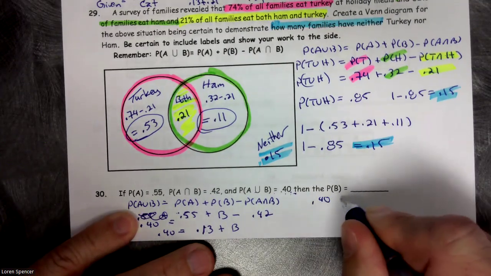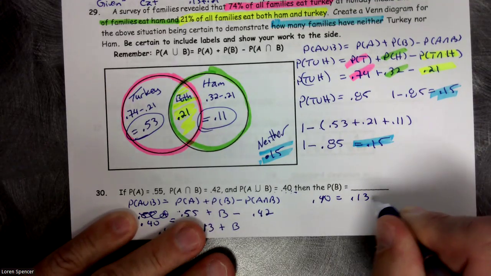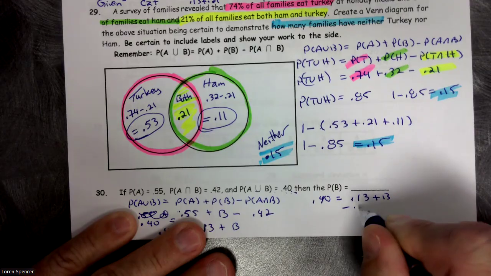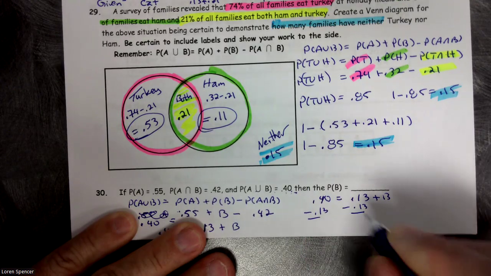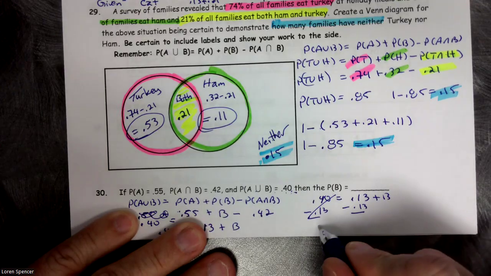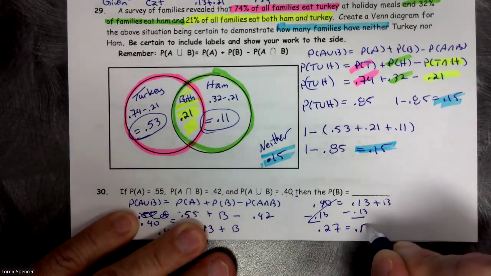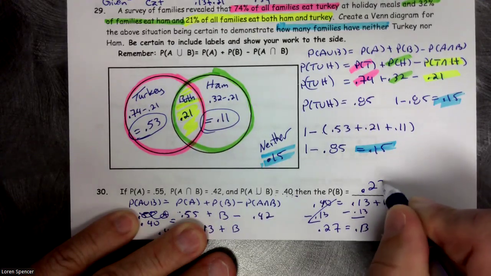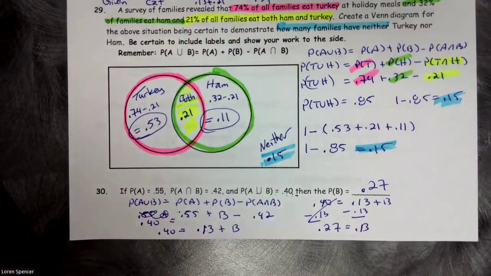So I have 0.40 equals 0.13 plus B. Subtract 0.13 from both sides. Sorry about running out of room. And I end up with 0.27 equals B. And that's my answer.